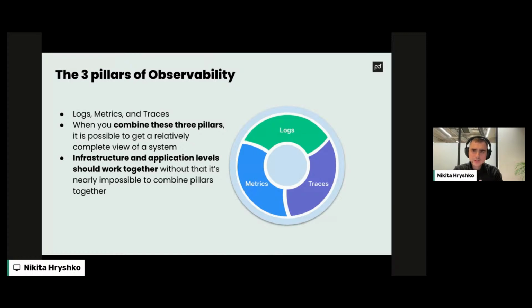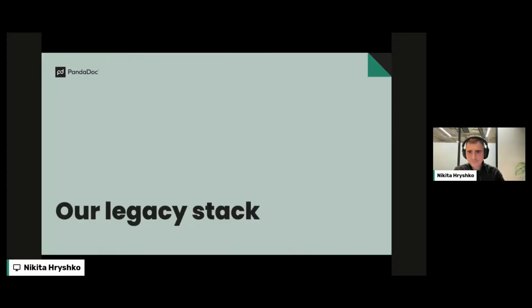Even more crucial is the synergy between your infrastructure and application levels. For example, you might have a top-notch infrastructure, but lack logs, metrics, or traces from the application. Or, for example, your applications could be fully equipped with traces, yet your infrastructure might be in the Stone Age and know nothing about traces. So keep in mind that the pillars and all levels should aim for maximum compatibility and interdependence.